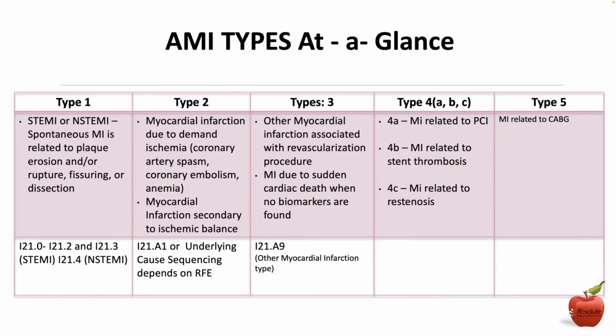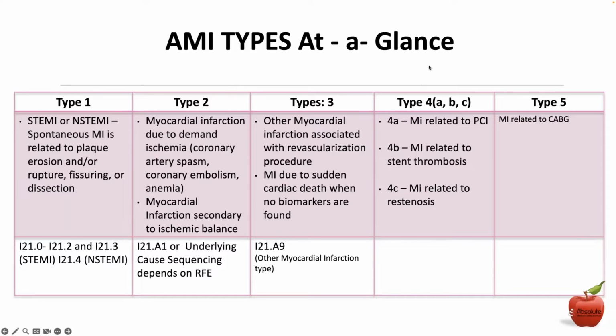They are rewiring. You could have a type 4 A, B, or C, and A is related to a percutaneous coronary intervention. And you're saying, what are you talking about, Mrs. J? Well, these are procedures, and trust me when I tell you, when you get to part 3, you're going to look at these procedures and they won't seem so foreign, but I do need to mention them.